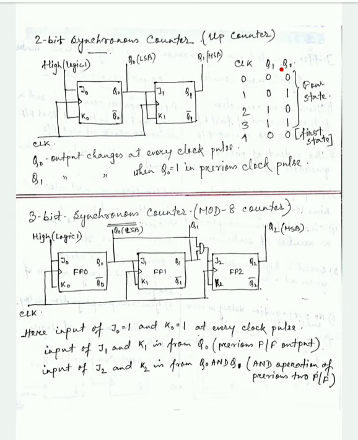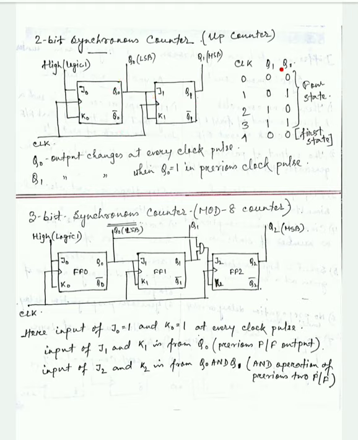Okay, this is our 2-bit synchronous counter, and the Q1 value, mind it, is always affected by its previous value. For one single clock, whenever it gets converted into 1 1, it will store this value, and for the next clock pulse it will get 0, but it works on its previous clock value.